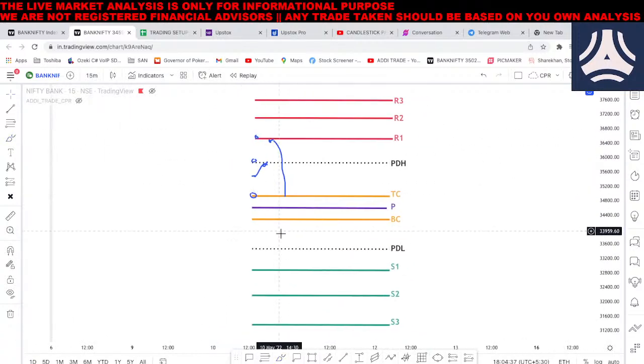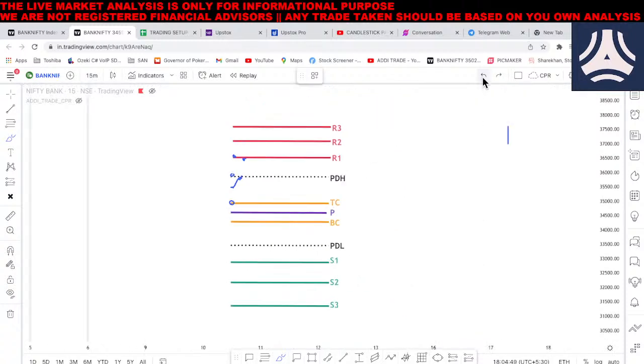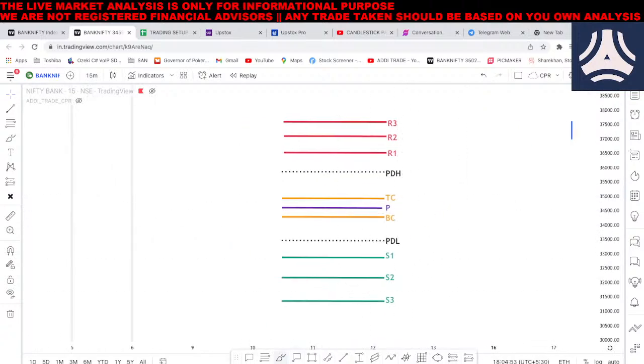See, one additional point in this first setup that I explained. This reversal, when the price does open between the CPR and the previous day high, most likely this move will be a very quick move in the morning. I'll be showing you some examples as well, and that can be a very good scalp. See, this happens within 10 o'clock or 10:15 in the market.